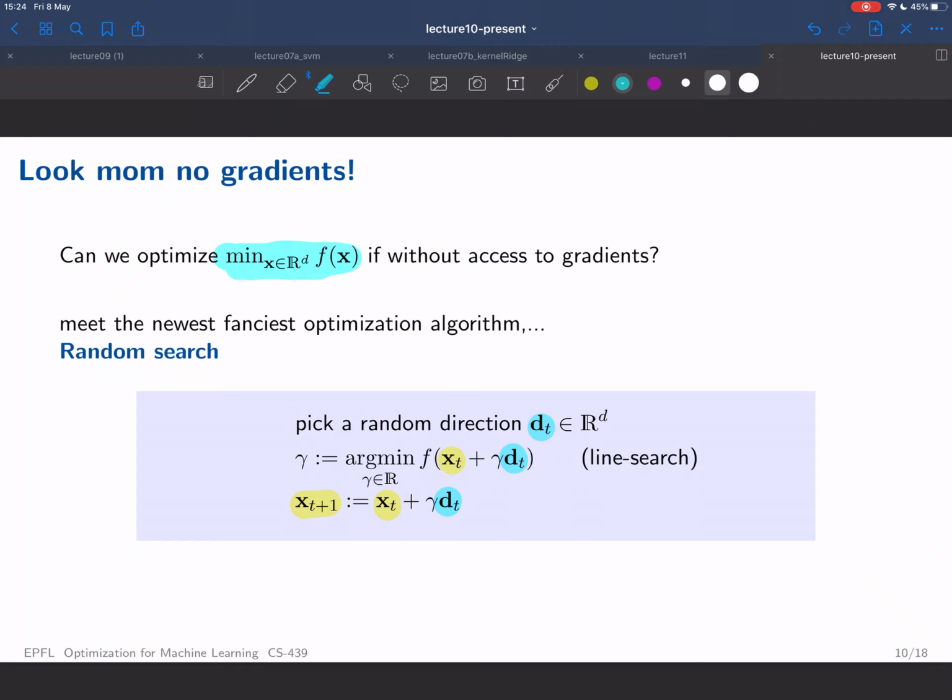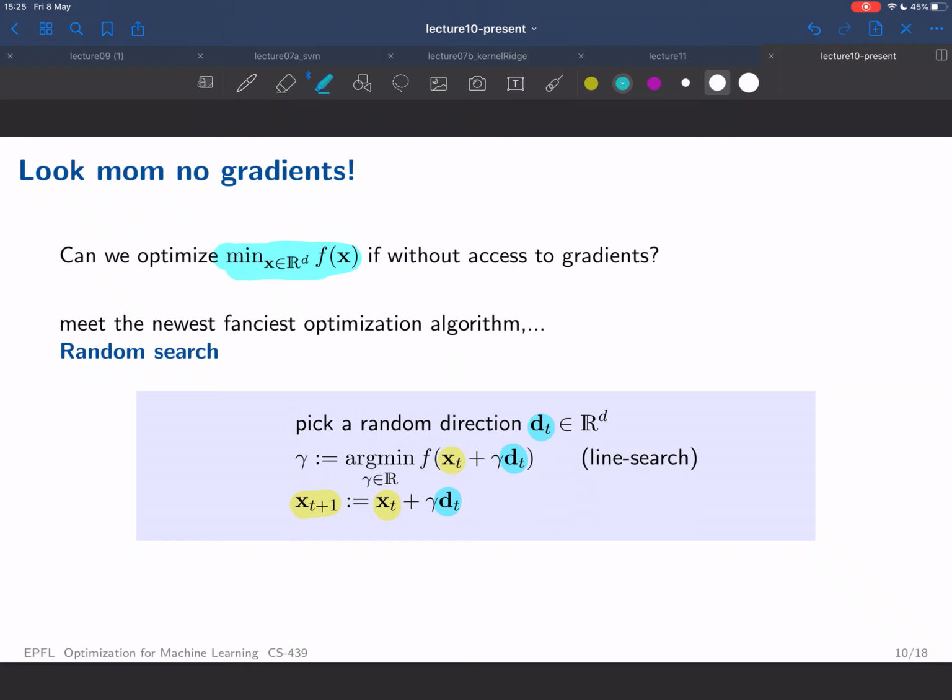If it gets better, you're good, you can use a positive lambda. But the other possibility is that it gets worse. Then you should walk in the opposite direction. That's why we have this lambda here, the step size, which allows us to do that. If d is a bad direction that goes uphill, then I will just use a negative lambda, so I will walk downhill in the end. That's our goal.